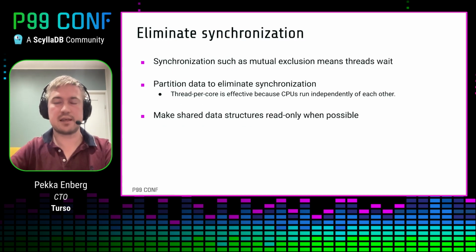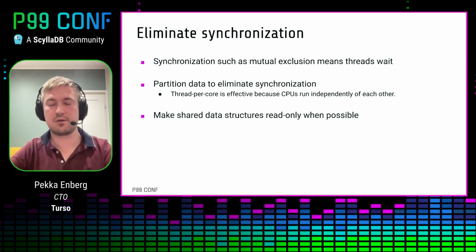So synchronization, for low latency code, is a major topic. Synchronization with mutual exclusion means threads have to wait. The basics of mutual exclusion is that you have this mechanism which allows only one thread to operate on a critical section, like a piece of code that is changing shared state, for example.